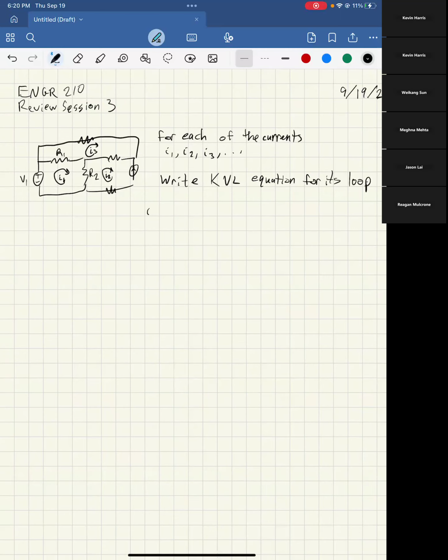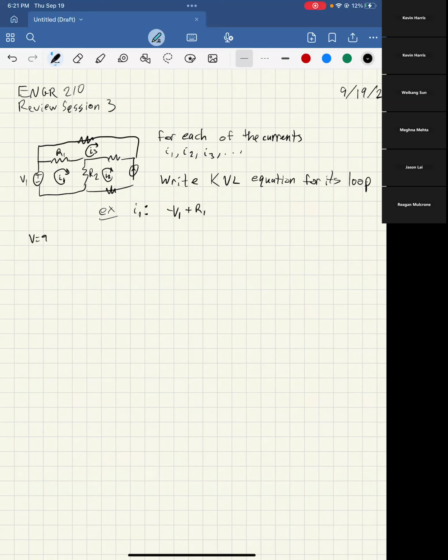So just as an example, the I1 equation for this circuit here would be, we have minus V1 because the voltage is up in the direction of current, and then plus the voltage across that resistor R1 is going to be the value of the resistor.